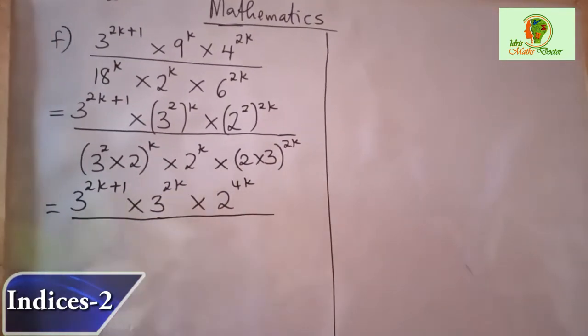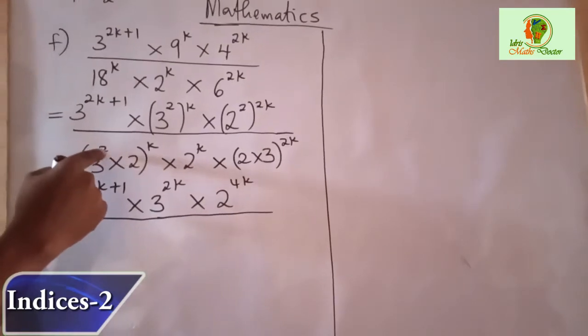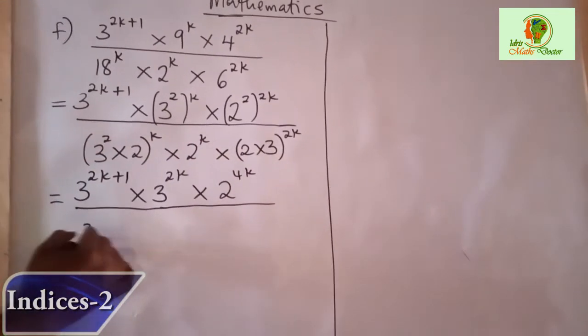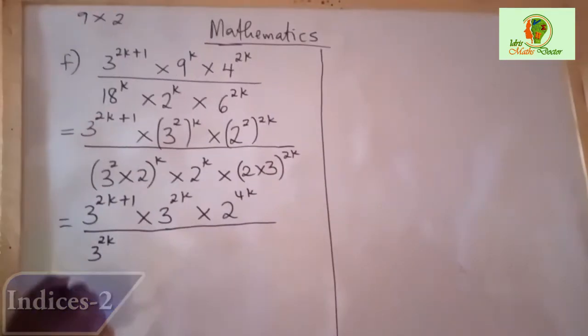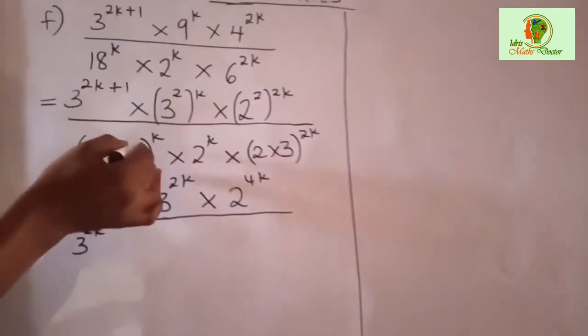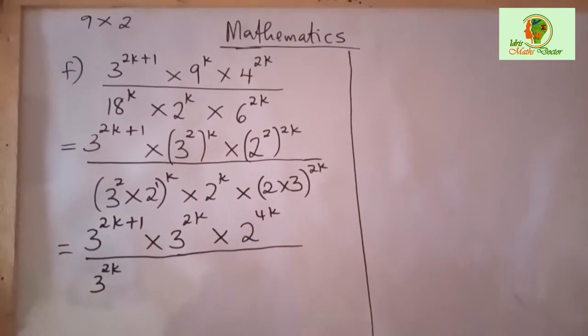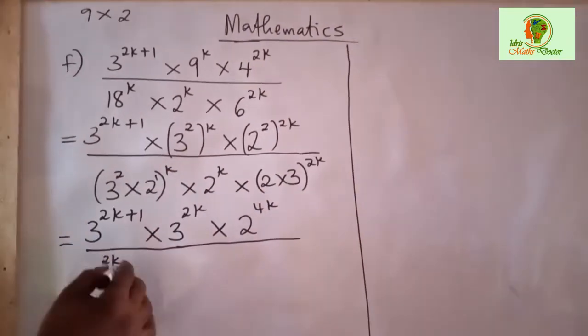The power of this is 2, so 2 multiplied by k will give us 3 raised to power 2k. The power of 2 is what? 1. Remember, anything raised to power 1 remains the same. So 1 times k will give us what? 2 raised to power k.